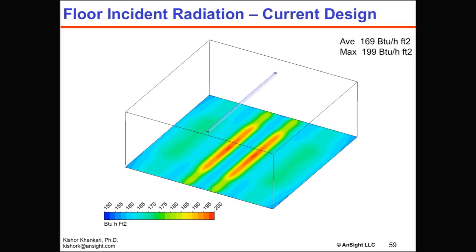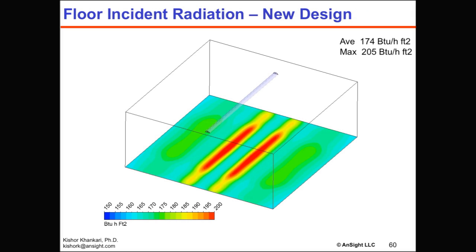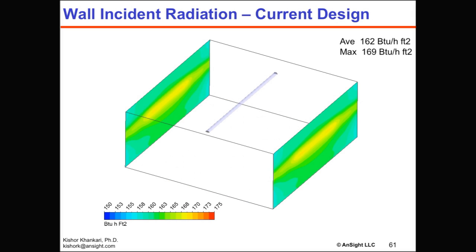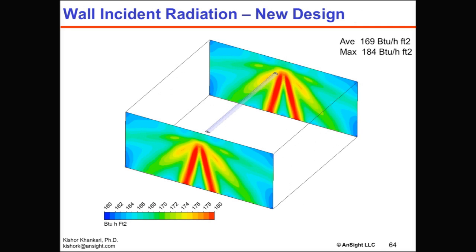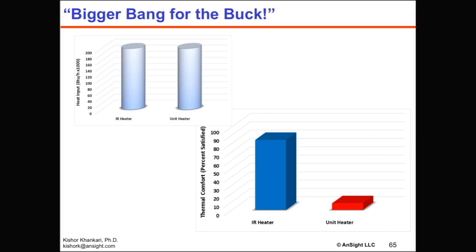So if I compare how much incident radiation is coming on that floor, this is the current, this is new. On the walls, current, new. On the side walls, current and new. And then, finally, this is what I thought.